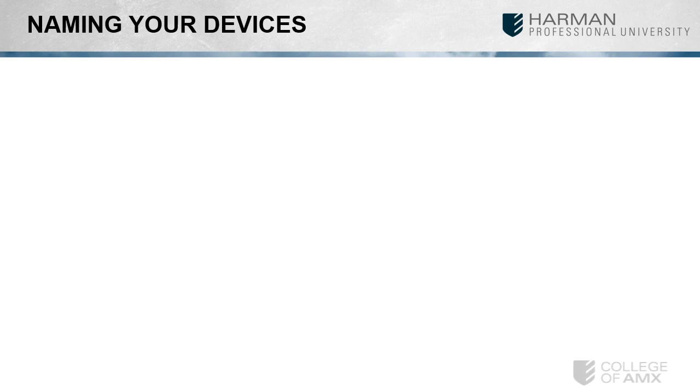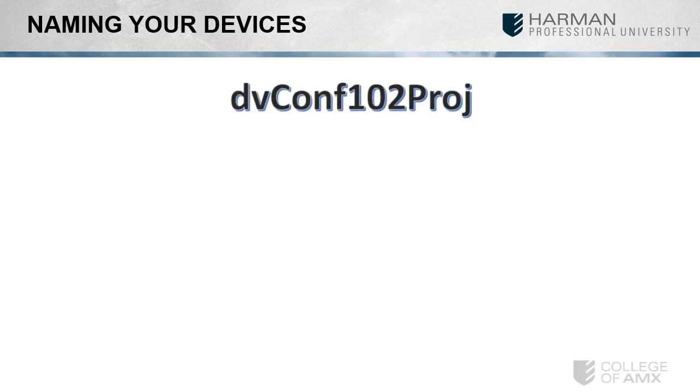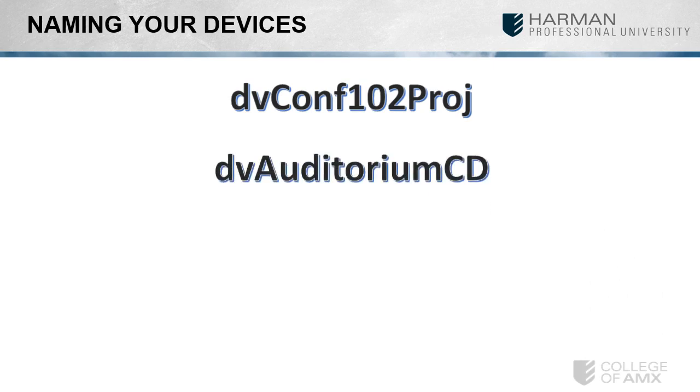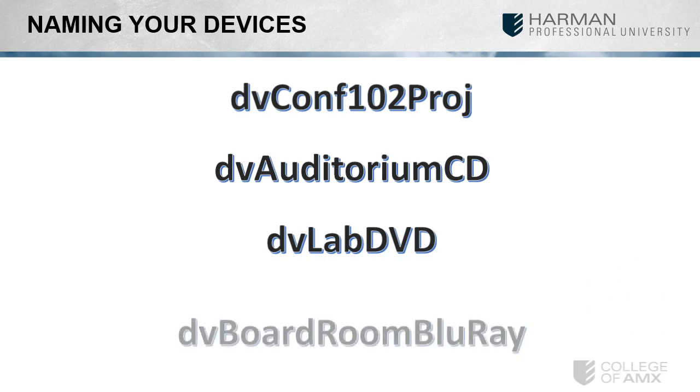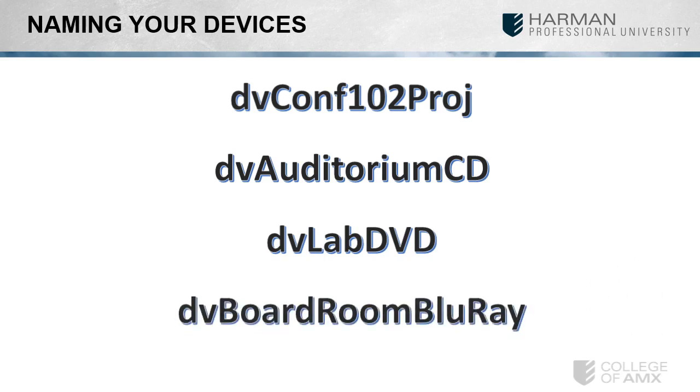To make the code more scalable, readable, and maintainable, the recommended device definitions would look like this: DV Conference 102 Proj, DV Auditorium CD, DV Lab DVD, and DV Boardroom Blu-ray.